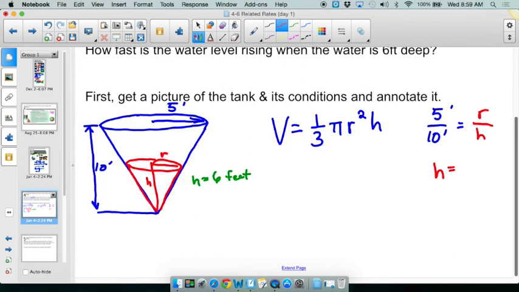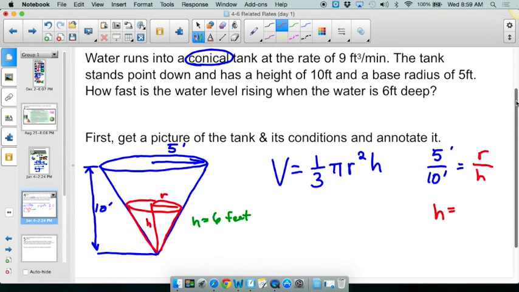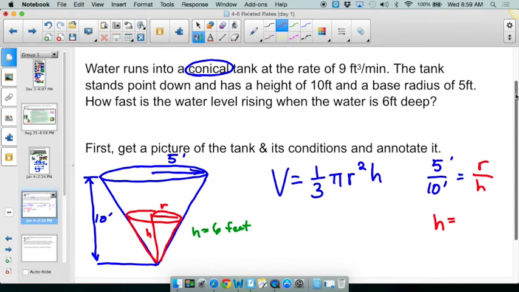Now, if we take a look at what we have here, we've got a height of 10 and a radius of 5. That's the tank. We've got a height at this instant here. At that instant, do we know the height or the radius? We know the height.